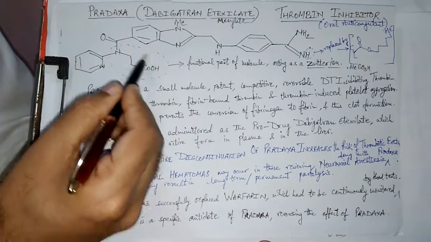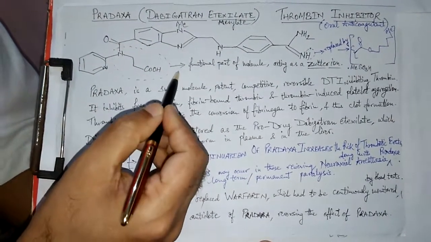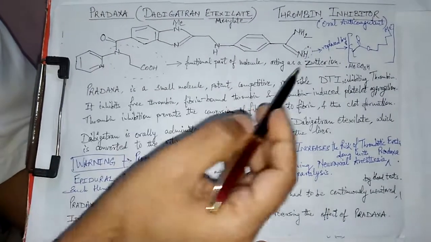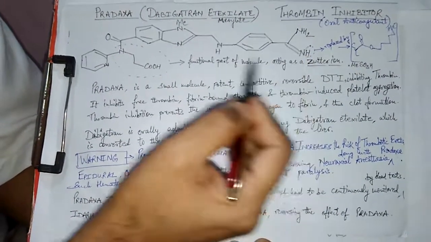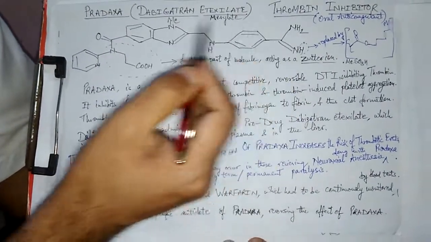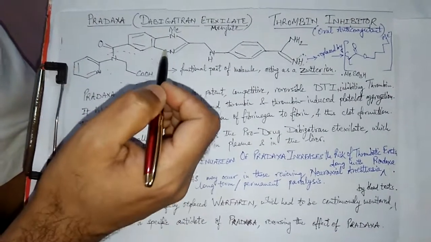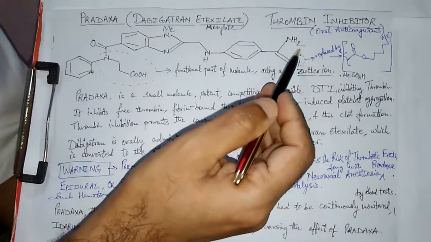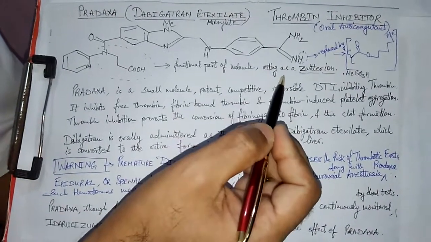This moiety is responsible for the formation of the Zwitter ion, and this is cleaved over here and this is regenerated. So this drug is the active part of the molecule, which is the free base part of the Pradaxa molecule. It is released in the body for its pharmacological action.